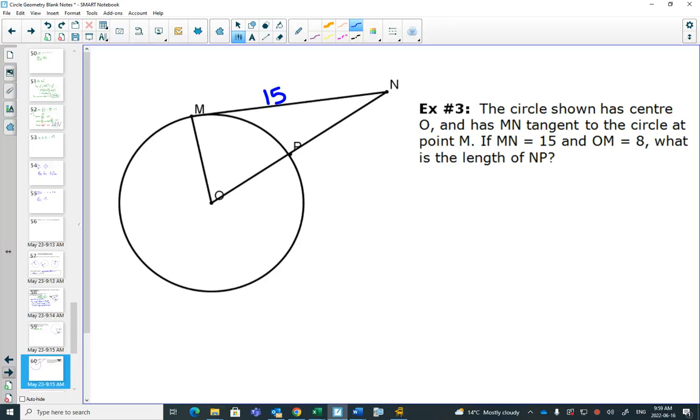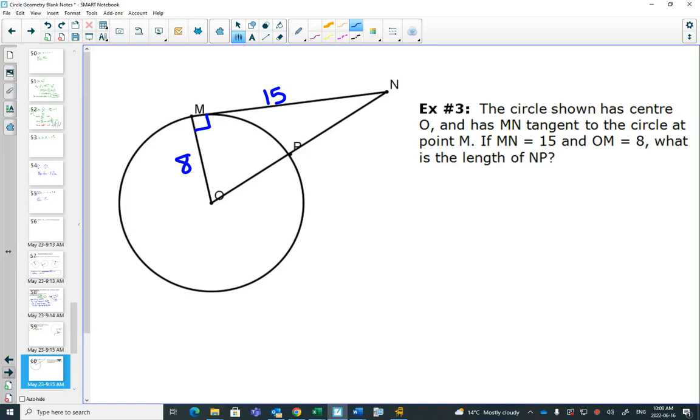So I know that OM is 8. And there's a rule that says tangents to the center are 90, so you're allowed to put that 90 there. What could that let us solve for?